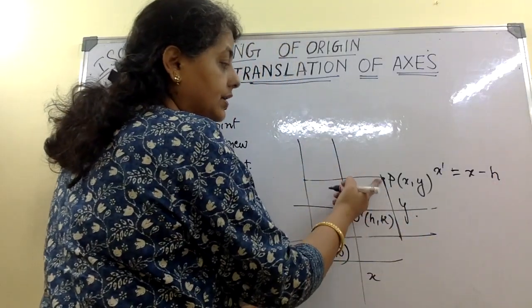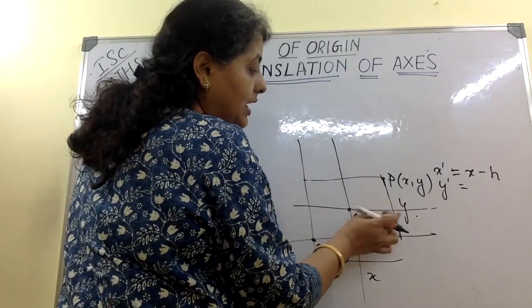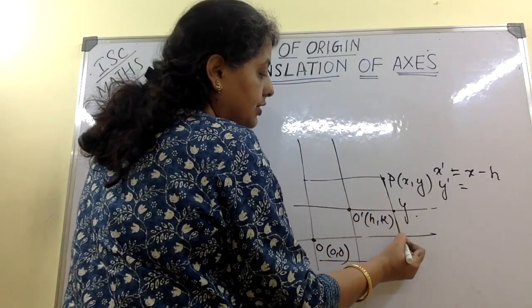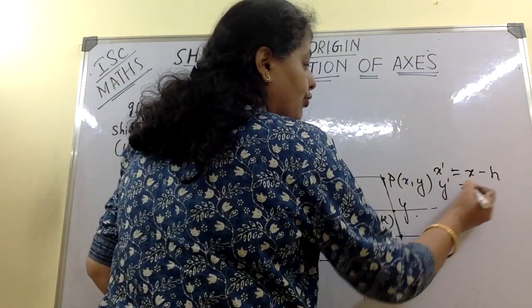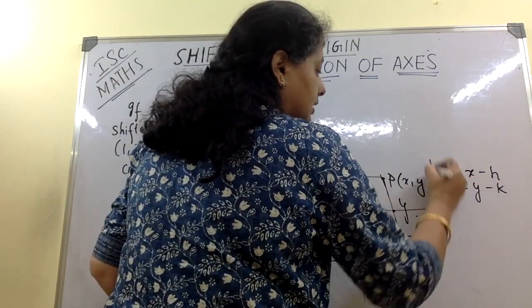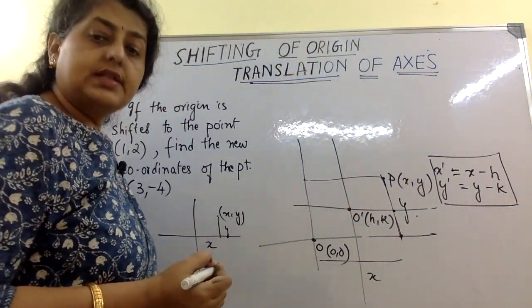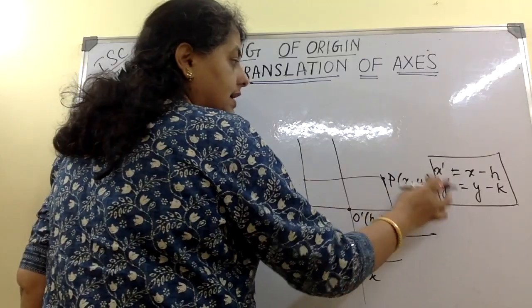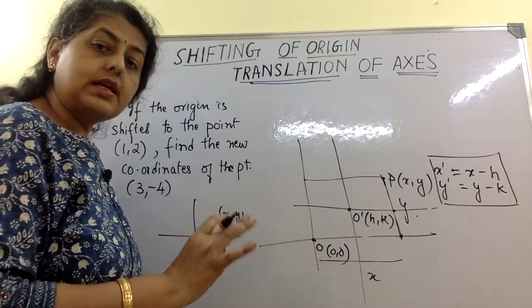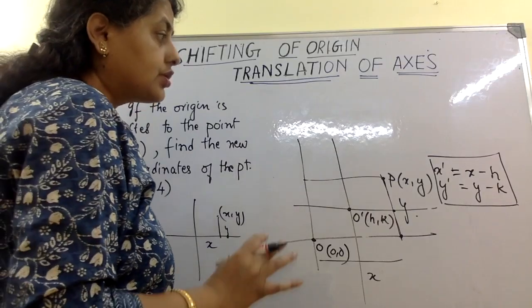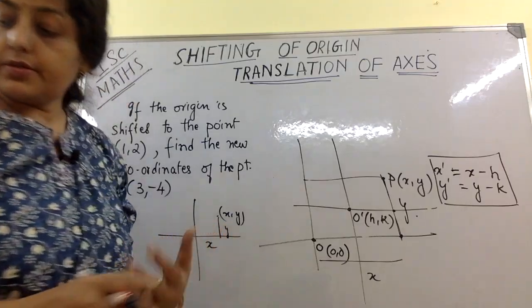And the new y has got reduced from here to here, which is nothing but k, so y dash is y minus k. That's my new coordinate x dash, y dash.